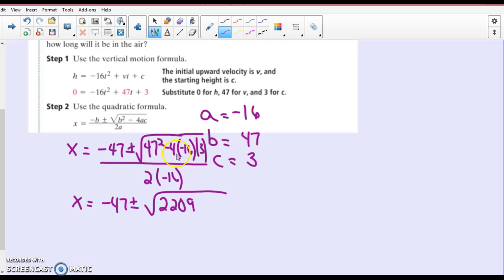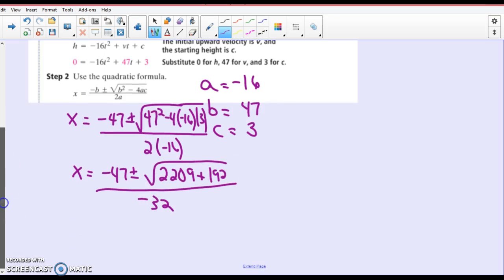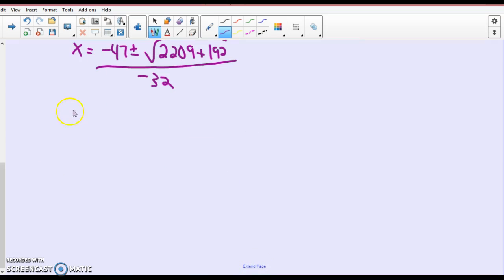Because I've got negative 4 times negative 16, and negative times a negative is going to be a positive. 12 times 16, 192, over negative 32. So I'm going to have x equals negative 47 plus or minus the square root of, when I add these two together, I get 2,401 over negative 32.